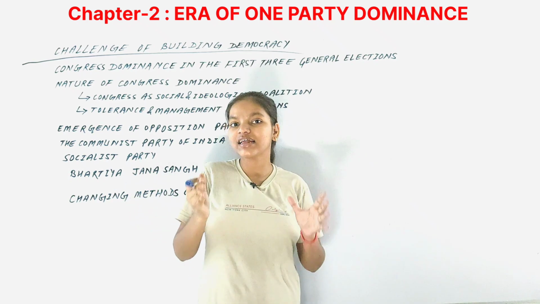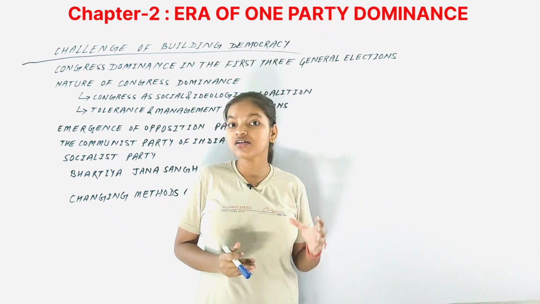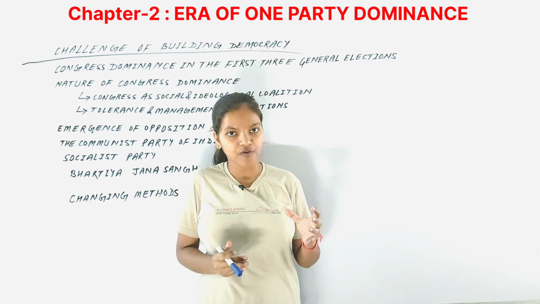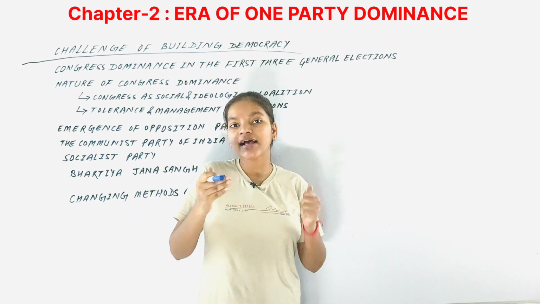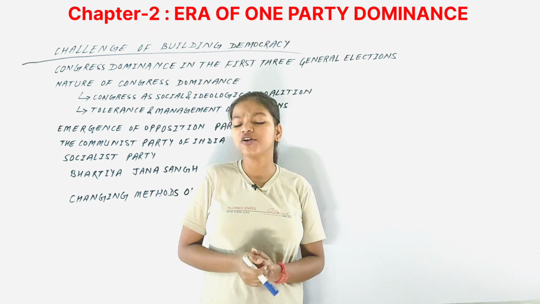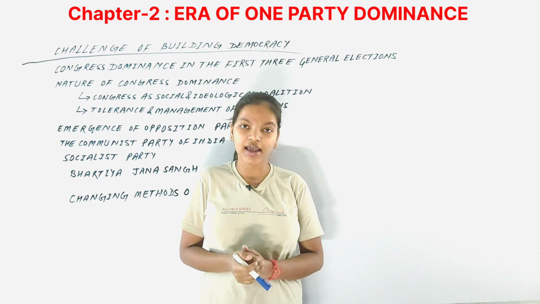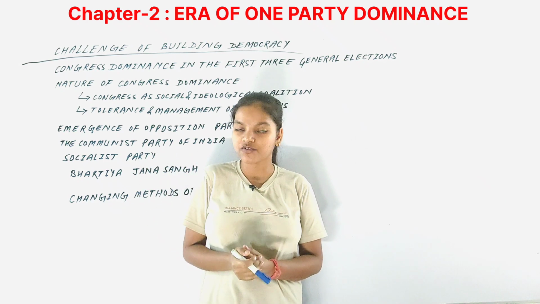All the problems that India as a newly independent nation was facing, democracy was considered a solution for all of them, and that is why it was considered important. And as we know, the Constitution of India was adopted on 26 November 1949 and came into effect on 26 January 1950.